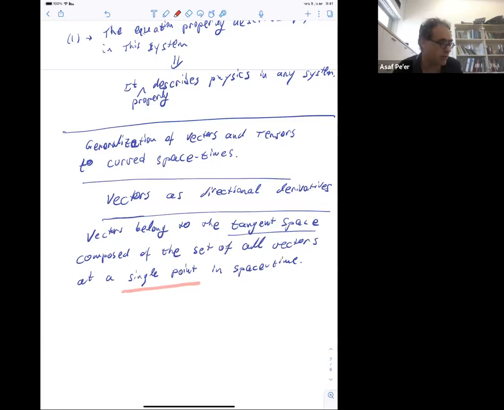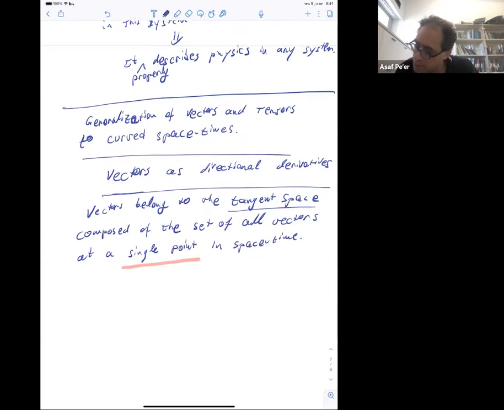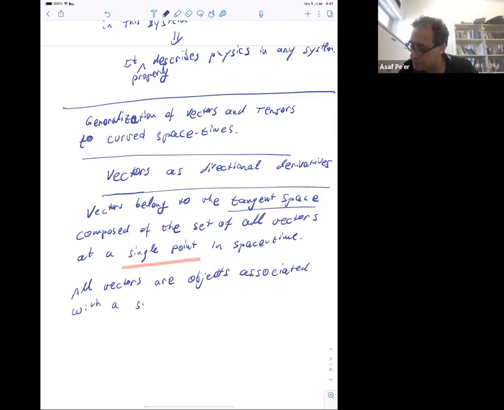All the vectors are associated with a single point. So that means all vectors are objects associated with a single point, which means that we lost a sense of direction.